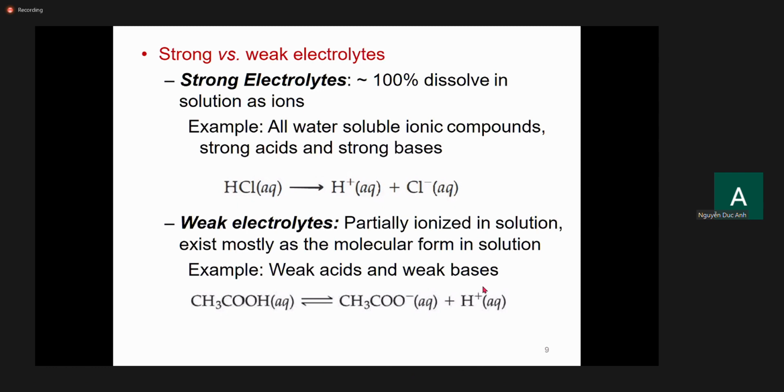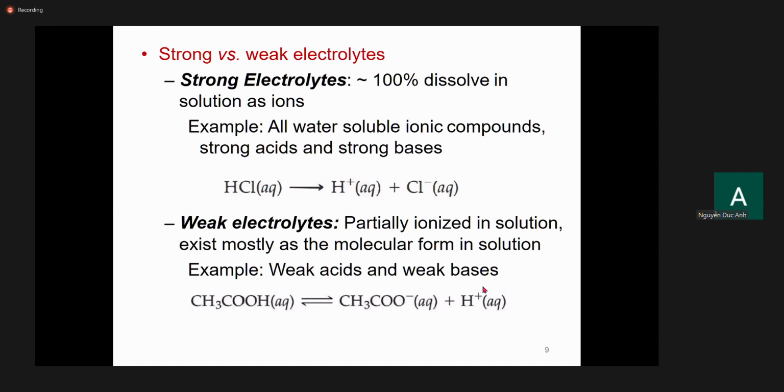A strong electrolyte means that 100% of the substance dissolves and separates into ions. Strong electrolytes normally include soluble ionic compounds like sodium chloride, as in the earlier example, and strong acids and strong bases, which very easily form protons in aqueous solution.